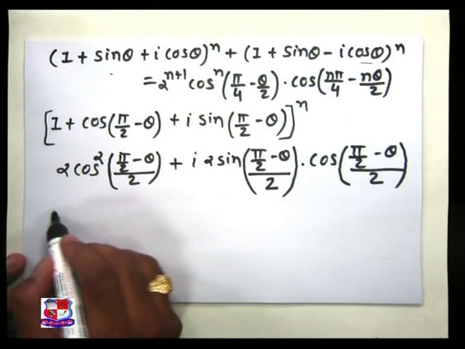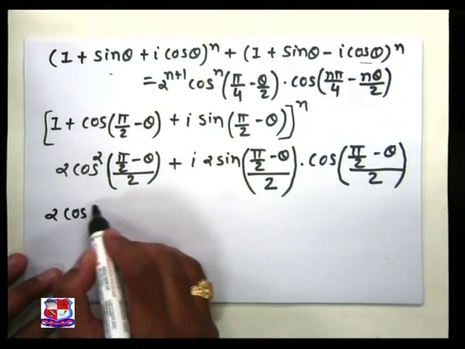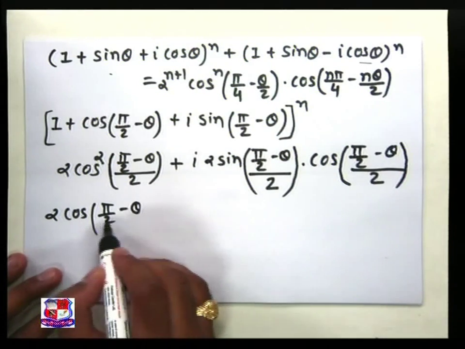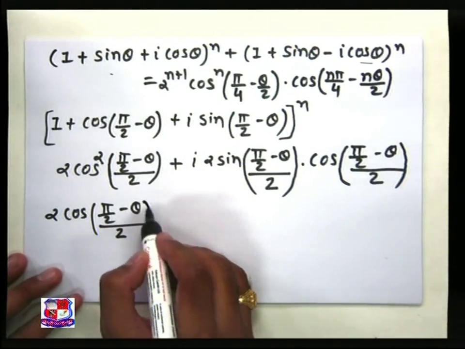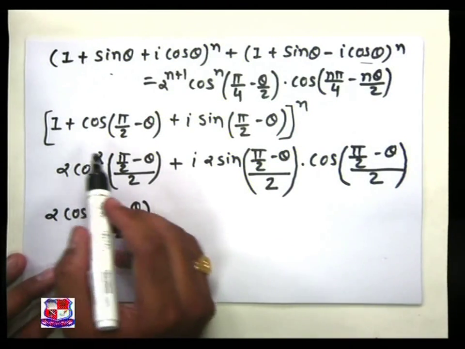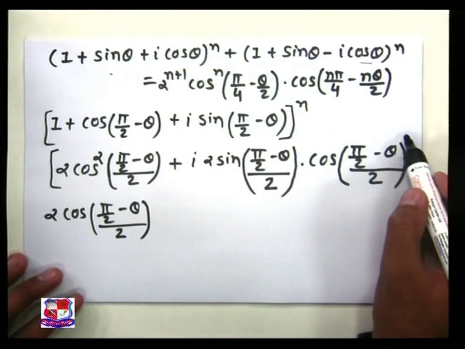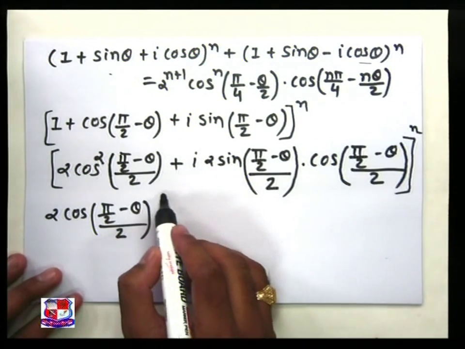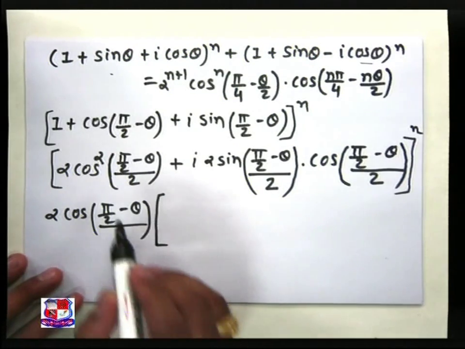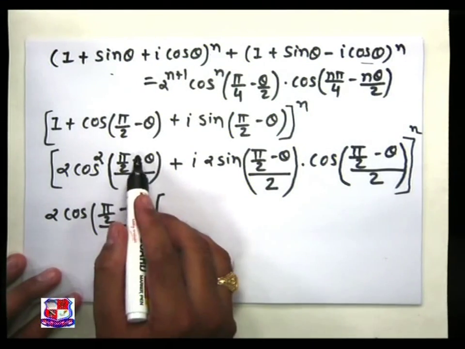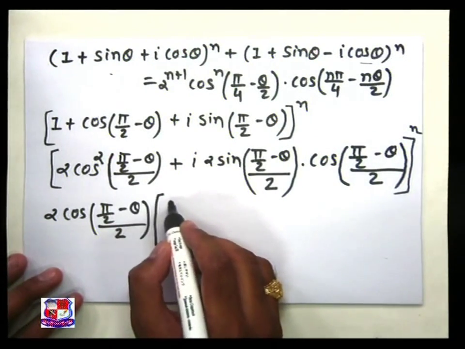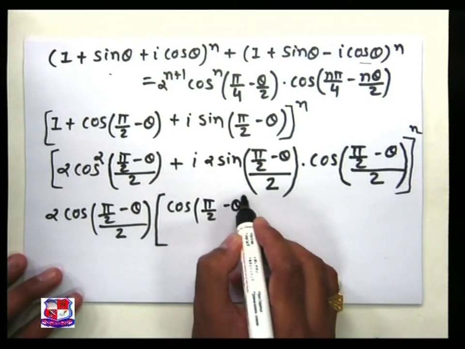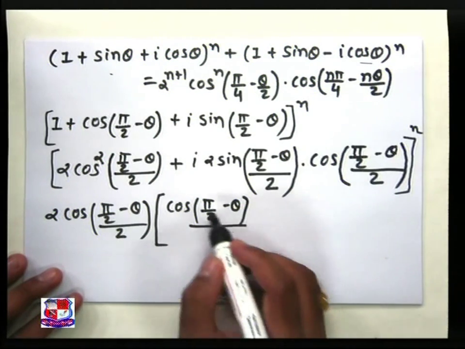That is common out. So here 2 cos theta value, that is pi by 2 minus theta by 2, that is take a common, here raised to n as it is. Remaining term, that is only cos theta by 2, that is cos pi by 2 minus theta by 2.